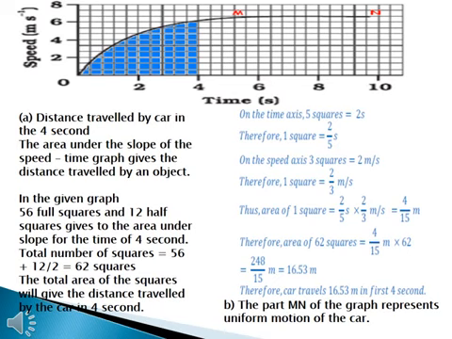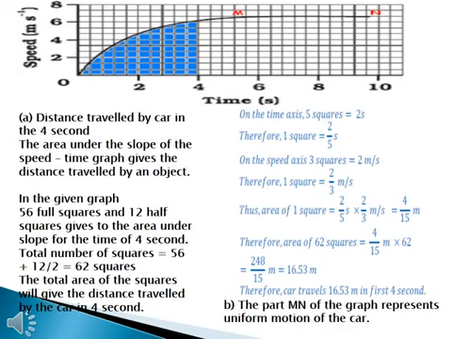Thus, the area of 1 square is equal to 2 by 5 second into 2 by 3 meter per second. That will be equal to 4 by 15 meter. Therefore, the area of 62 squares is equal to 4 by 15 meter into 62 meter per second.